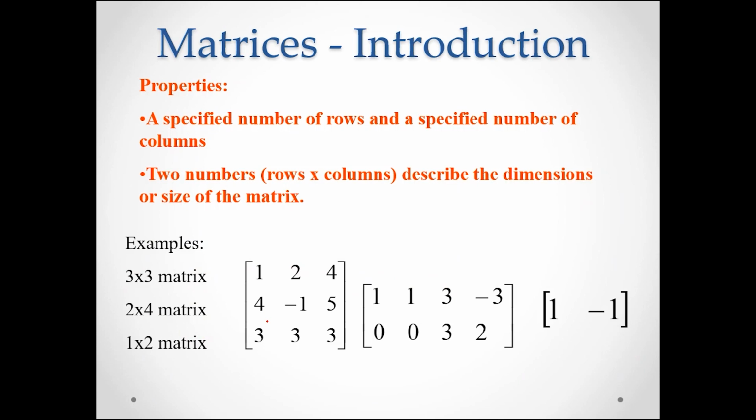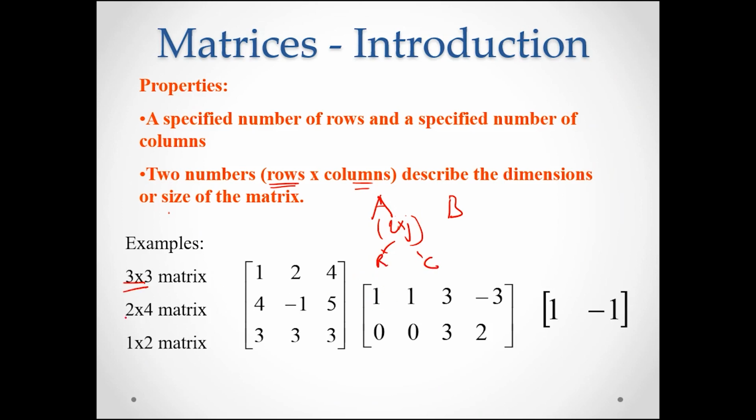So, what are the properties? As we have said, there are rows and columns, the pattern that we follow. One is the row, the second is the column, and together they describe the matrix. We write a matrix with a capital letter, A or B, and we have i, j. I refers to the row and j refers to the column.